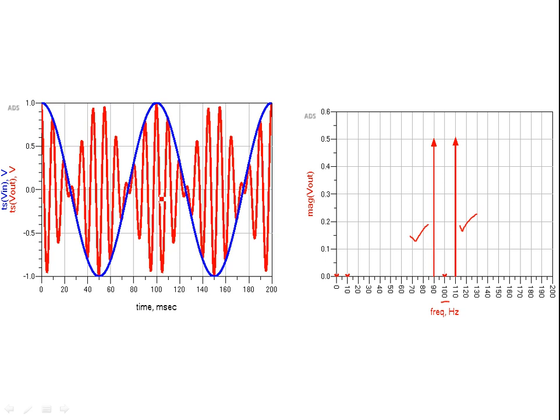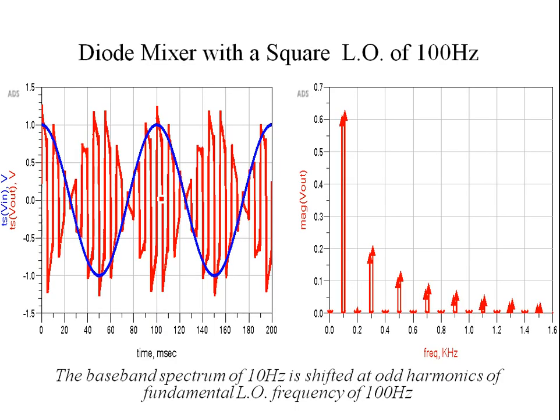Now, just to understand this situation further, suppose you have a square local oscillator of the same fundamental frequency, 100 hertz. Then, as discussed earlier, multiplying a sinusoid, the blue RF input, with a square wave results in a modulated output, which in the transform domain translates to shifts at the odd harmonics.